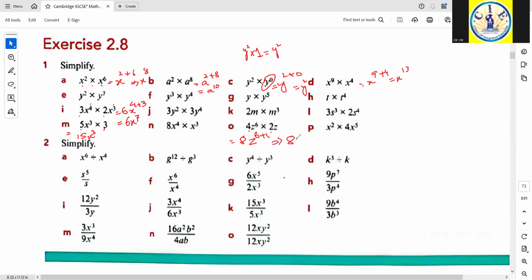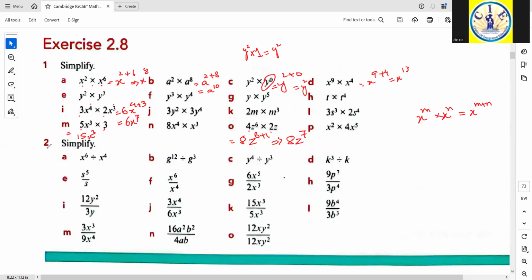That is 8z raised to power 7. So this is how these questions are to be done using the first rule of indices. x raised to power m times x raised to power n, then we write the base once and the powers are added.